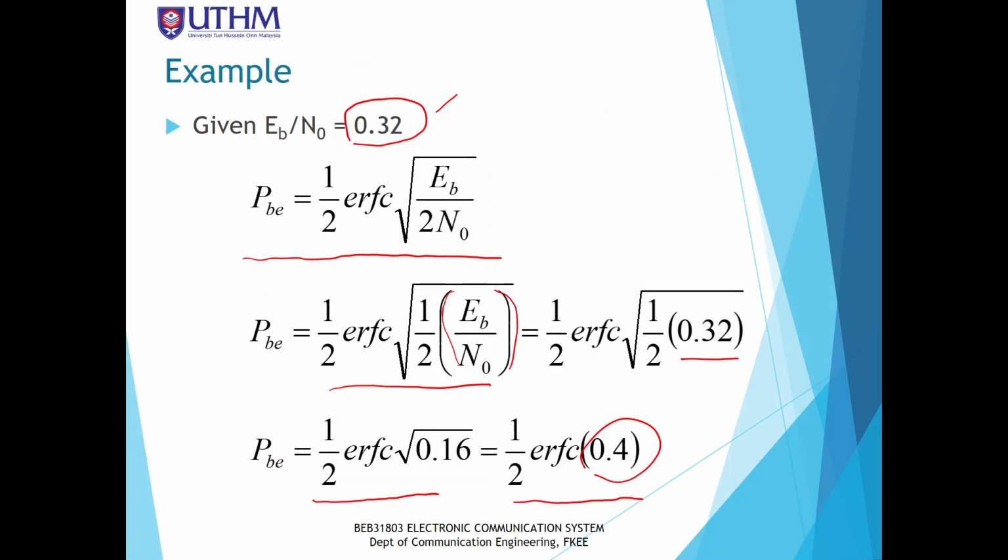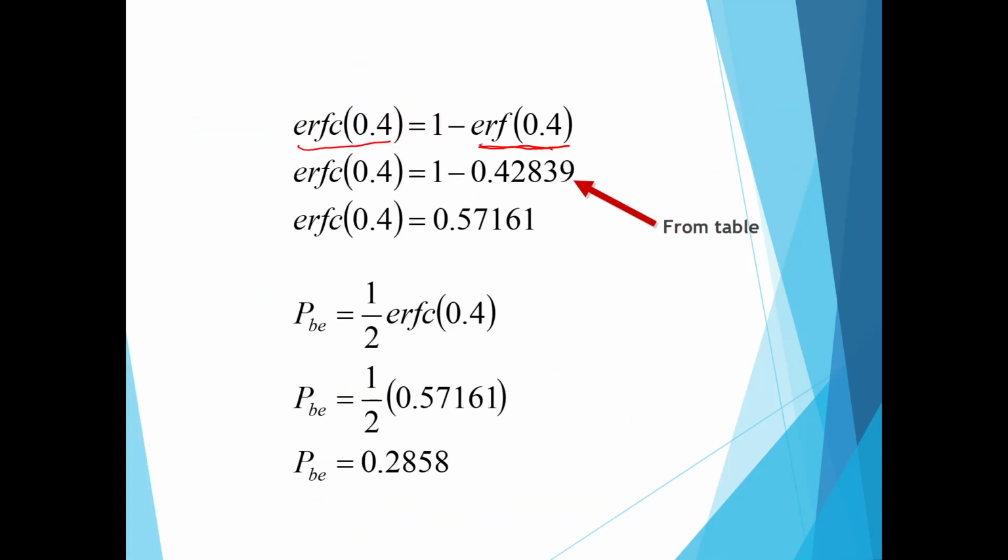If you use the first table, the error function table, you need to subtract the value from 1 in order to find the complementary error function. So based on the first table, ERF 0.4 gives 0.42839, and the complementary error function is 1 minus the value, so we get 0.57161.